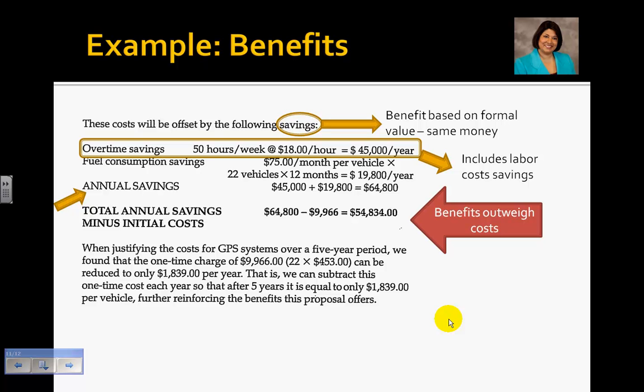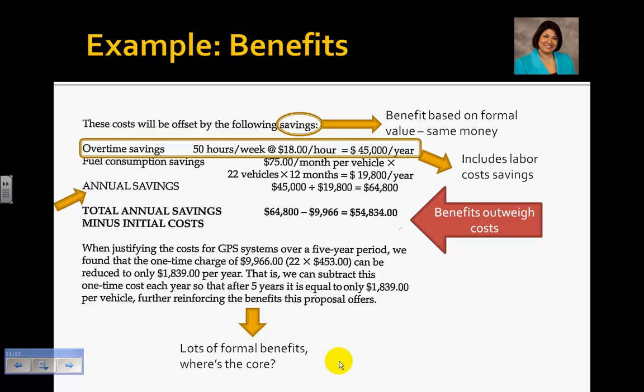Of course, that isn't going to happen on an annual basis, but you'll notice here that they address the 5-year equal and goal. But what they're doing here is they're talking about lots of formal benefits without really addressing the core. Now, their savings aren't going to exceed the cost in the first year. That would be very difficult in this kind of a proposal.